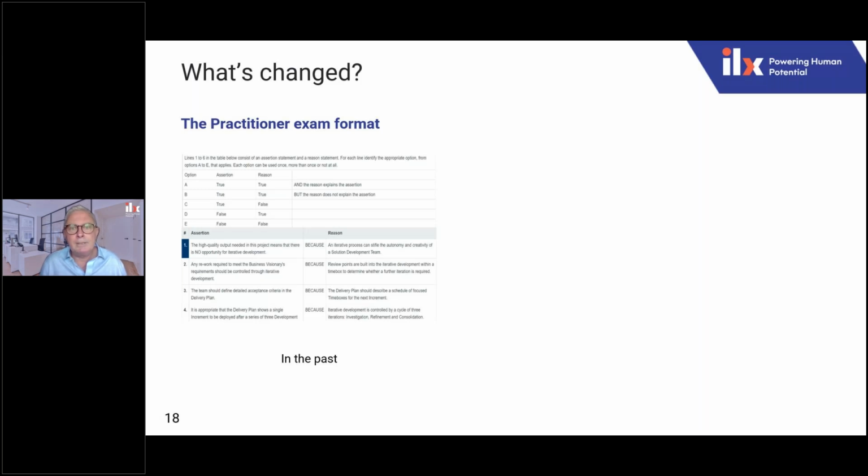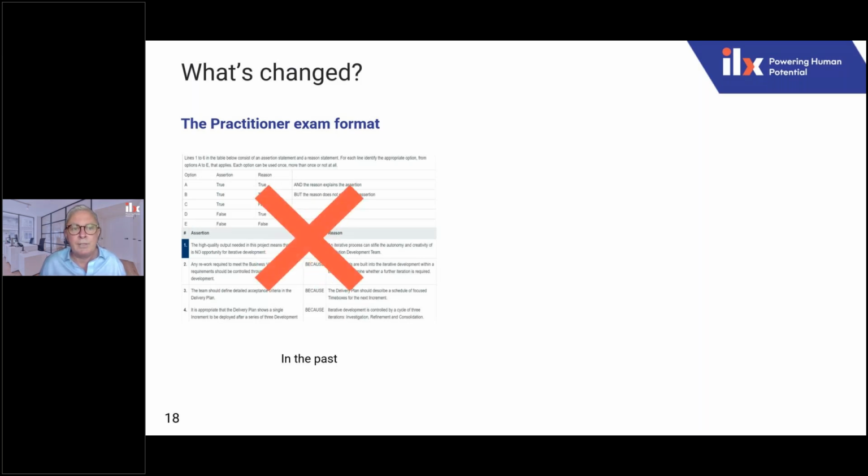APMG and ABC, they listened. They listened to feedback from both customers and also training providers such as ourselves. And the phrase I personally used to APMG and ABC was that we should be testing people's AgilePM knowledge, not their exam technique. And they listened, and credit to them for listening.